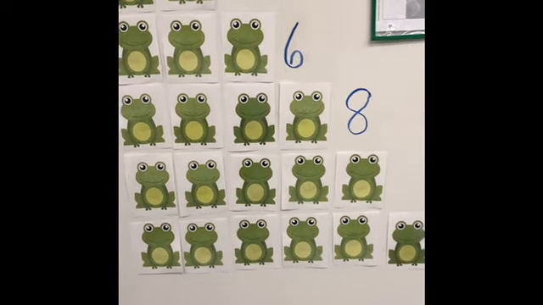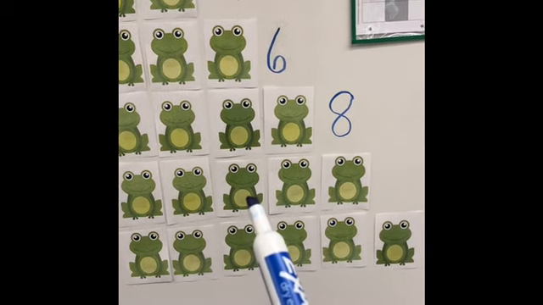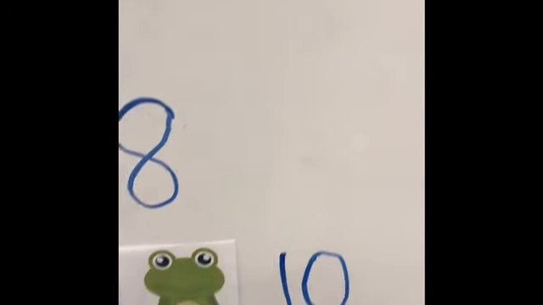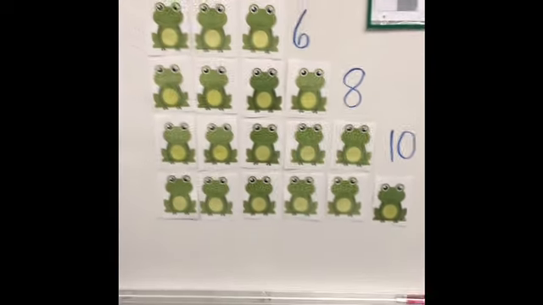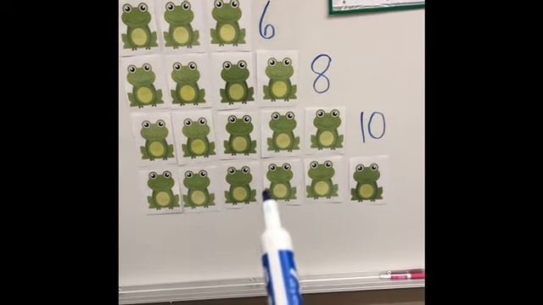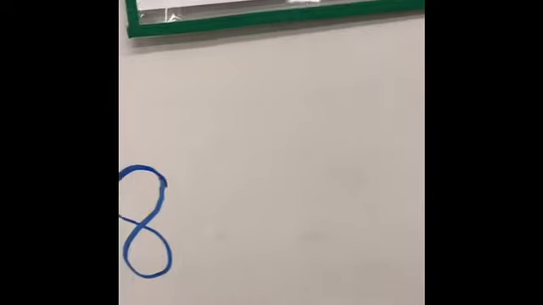The next row, 2, 4, 6, 8, 10. And last but not least, our last row, 2, 4, 6, 8, 10, 12. And now I have 12 eyes in that last row.